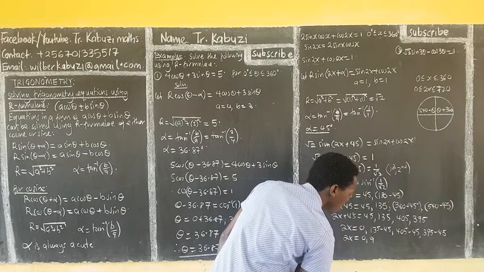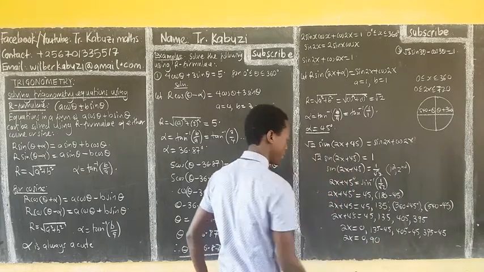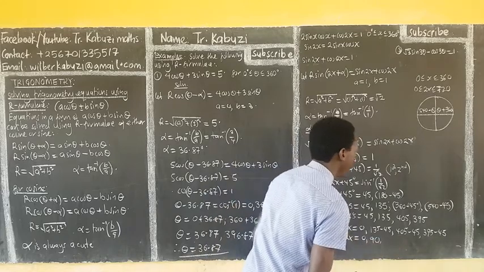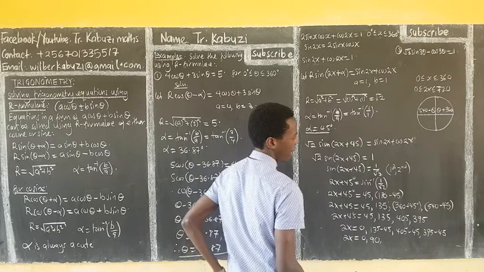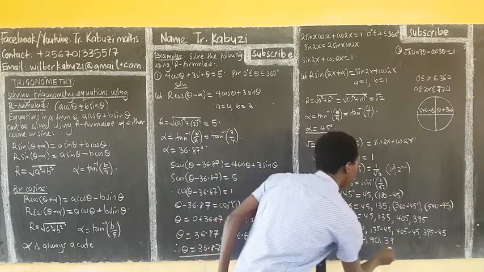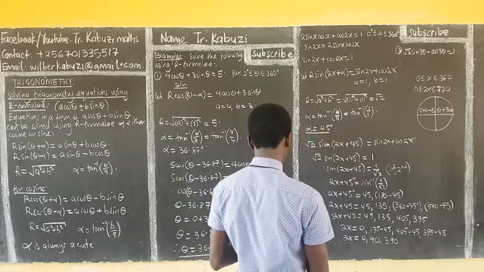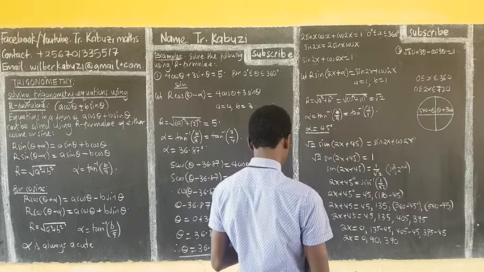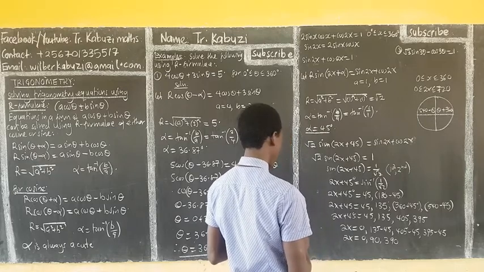Is it 90? It's 90, comma. When you subtract 45 from 135, you get 90. Then 405 minus 45 is 360.